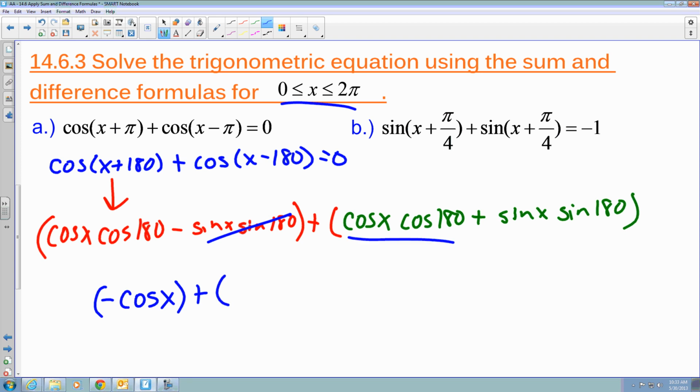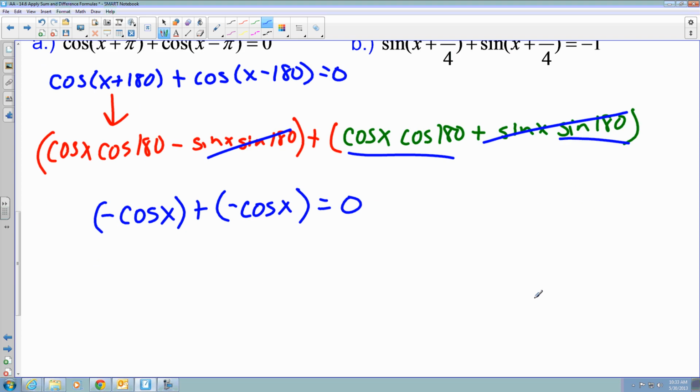Now I look at this one, and again the cosine of 180 was negative 1, so this becomes negative cosine x. And the sine of 180 was 0, so this cancels out. So now I'm just left with negative cosine x plus negative cosine x equals 0. I combine like terms, so this is going to be negative 2 cosine x equals 0.